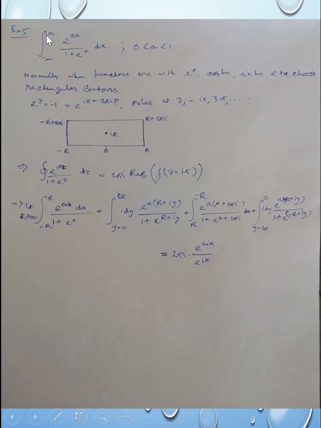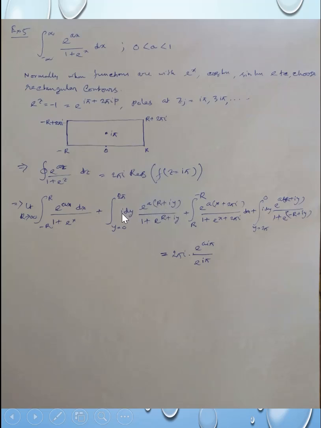The second one is for this side, and for this you have to write it in a tricky way. This is the y-axis, right? If this is x and this is y, you can see there is always r, and you are just varying along this part up to 2 pi i.